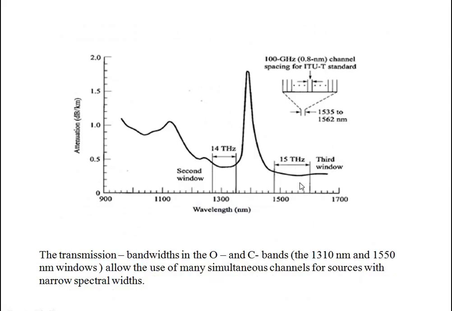This figure shows operating regions ranging from the O band to the L band, in which narrow line width optical sources can be used simultaneously. So here we have this O band and here we have C band.